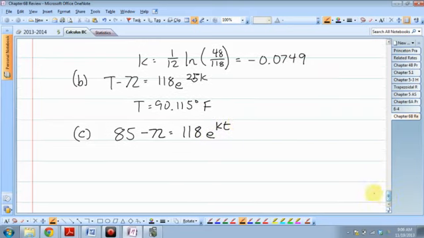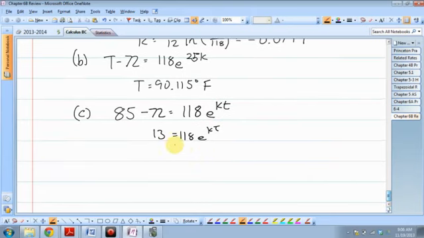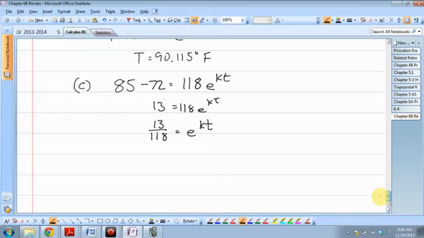Okay. 85 minus 72 is 13. 13 is 118 e to the kt. 13 out of 118 is equal to e to the kt. Natural log of 13 out of 118 equals kt.